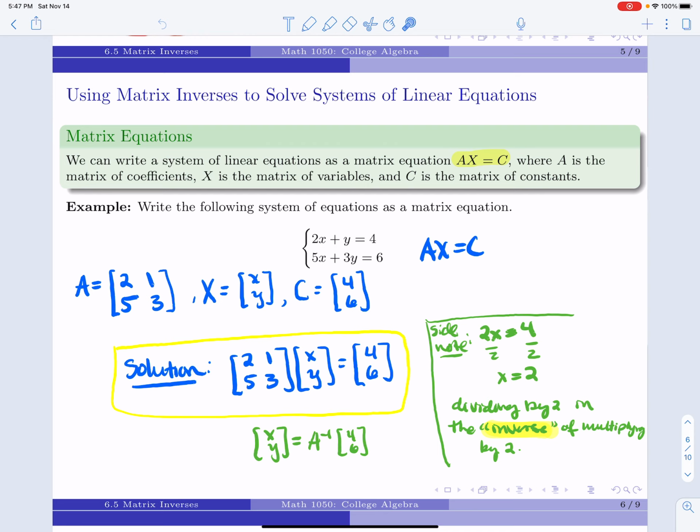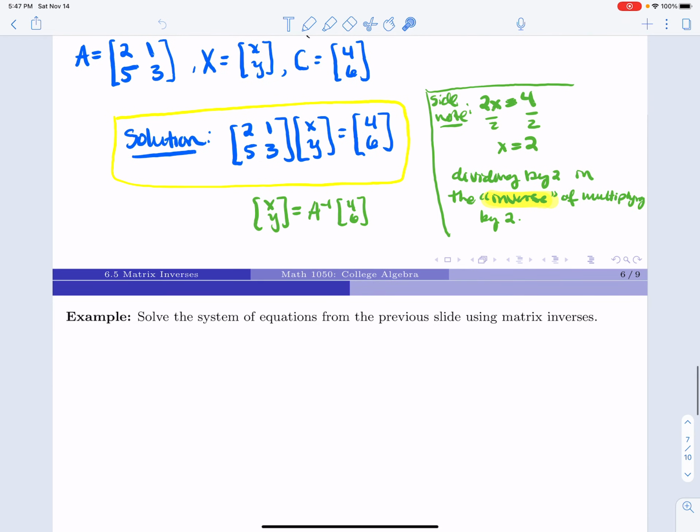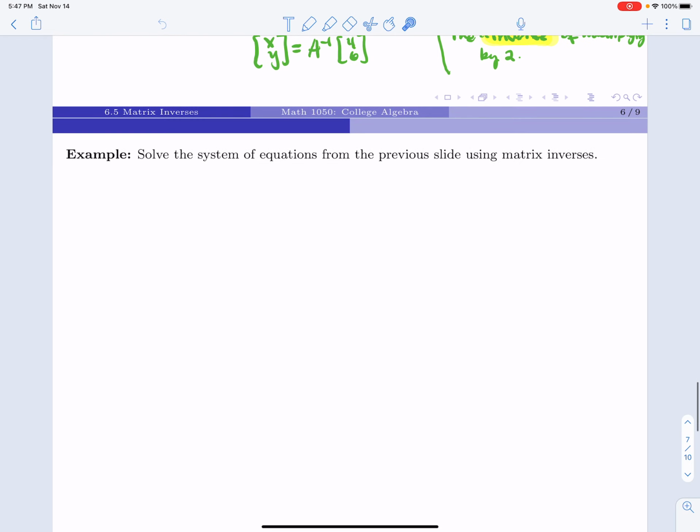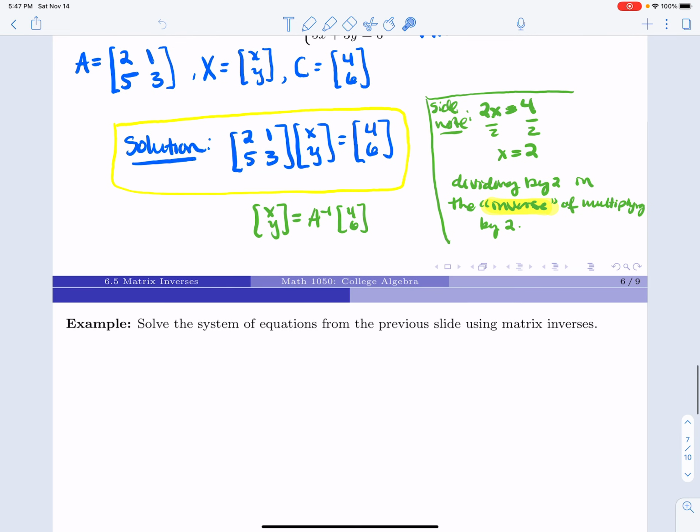Okay, so actually on slide 1, if you refer back to that, let me quickly write down what our matrix equation is. Our matrix equation is 2, 1, 5, 3, our variable matrix xy, and our constant matrix 4, 6.